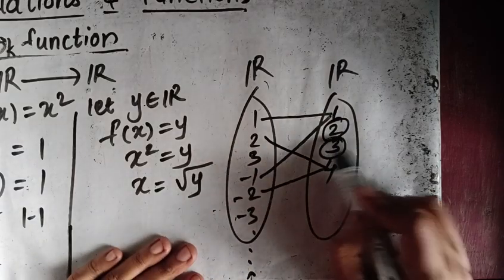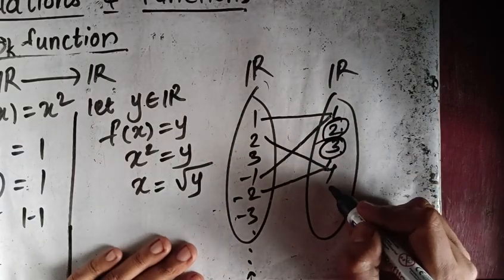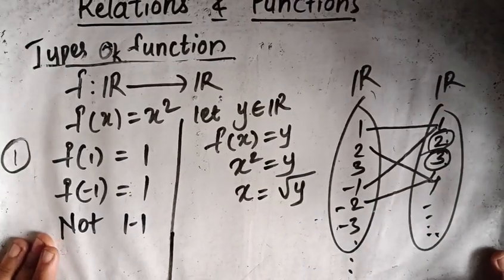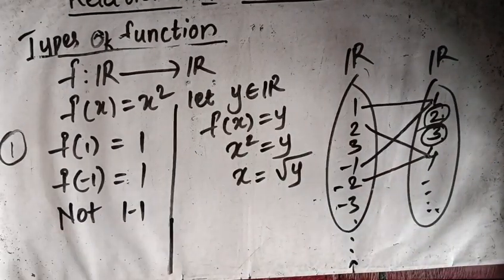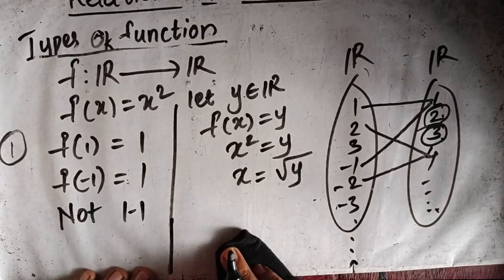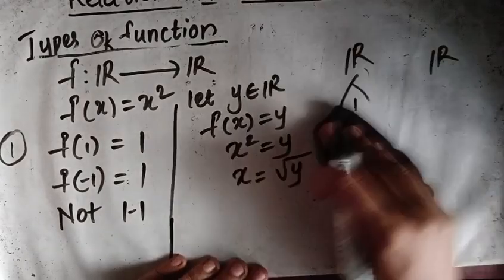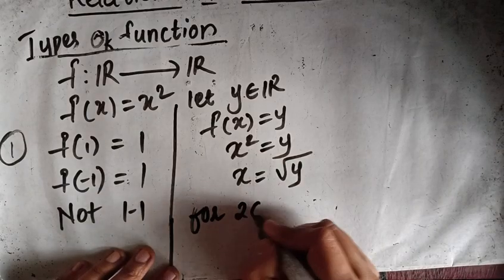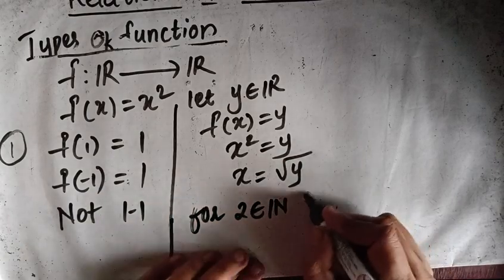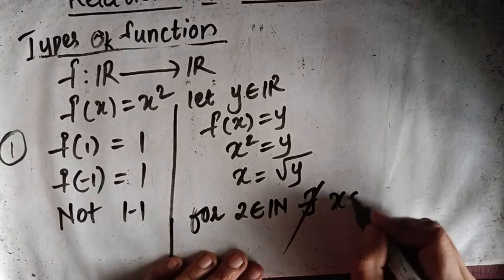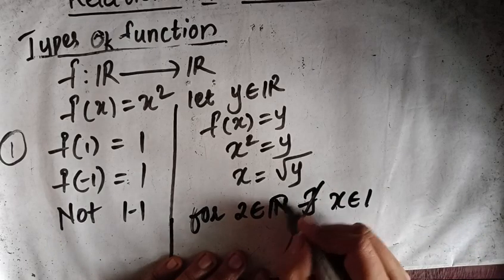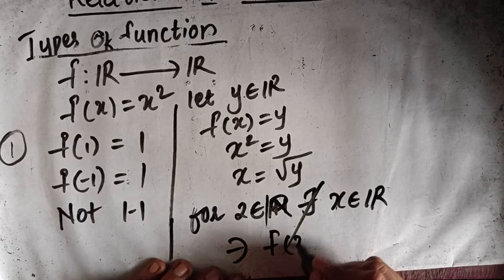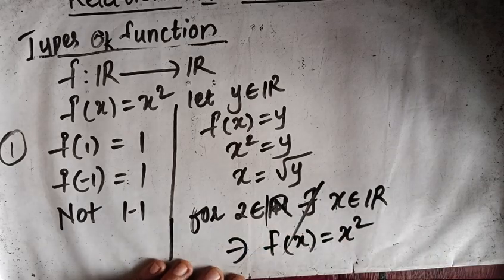These elements are left out. 2, 3, then negative numbers are left out. So many elements are there for which we don't have a pre-image. Okay. So we can write that for 2 belonging to N, there does not exist x belonging to R such that f of x is equal to x square.